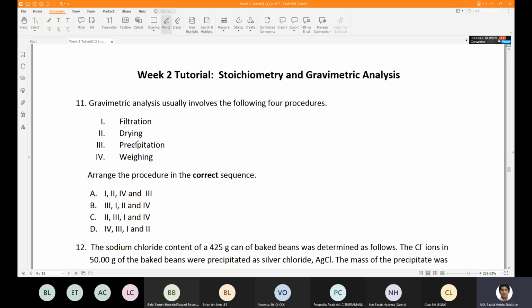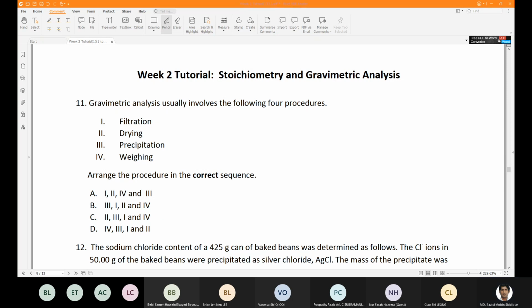Question number 11 says that gravimetric analysis usually involves the following 4 procedures: filtration, drying, precipitation, weighing, and the correct answer is all 4 of them. And it should be in a sequence, right?